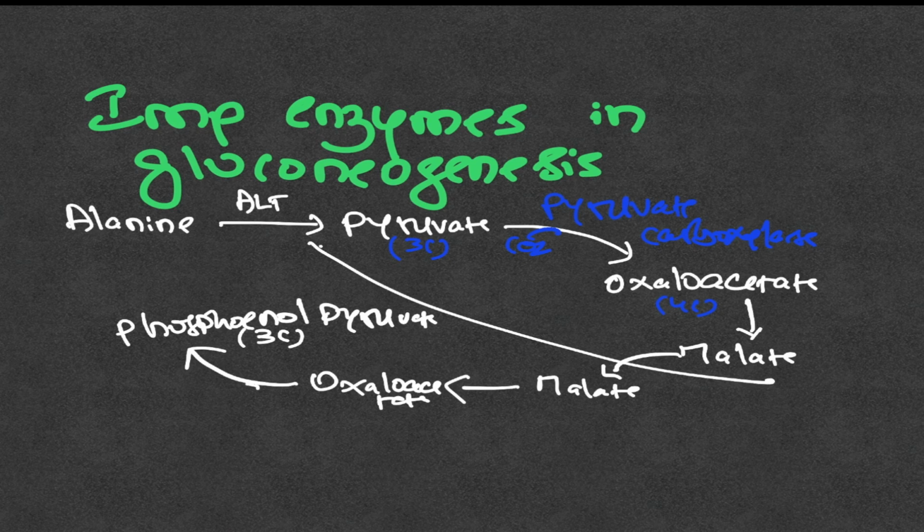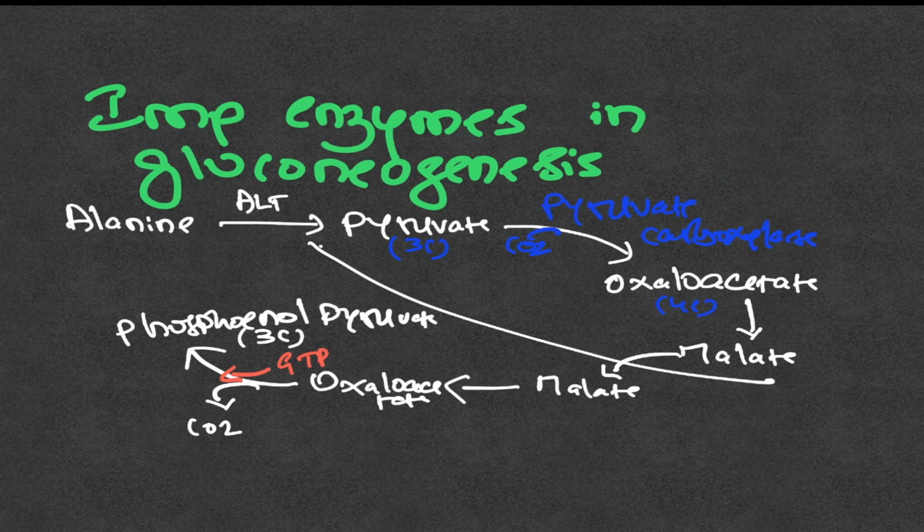In this reaction there is removal of carbon dioxide, and GTP is necessary to conduct the reaction. That is how oxaloacetate is converted to phosphoenol pyruvate.